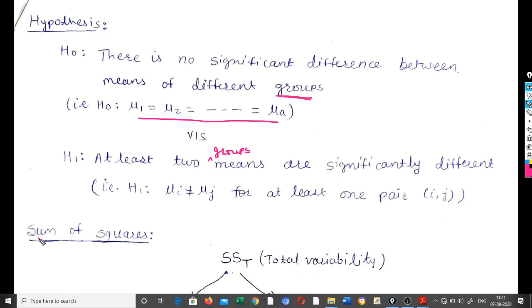Sum of squares are required to write an ANOVA table. In one way ANOVA, SST is SS treatment plus SSE.